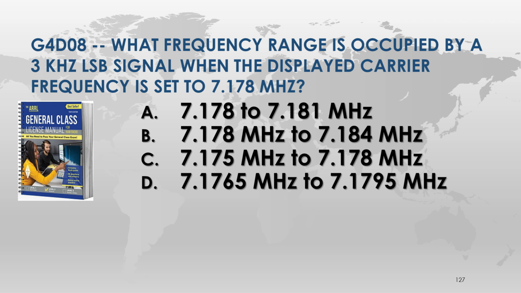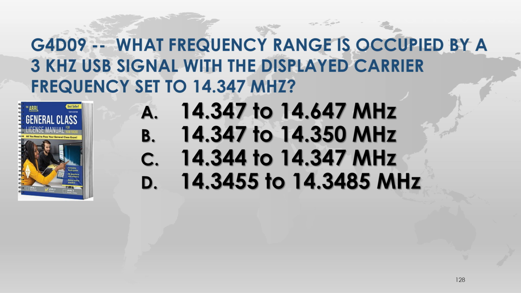That's the carrier at 7.178, and it is lower sideband, so 7.178 is the top. Drop it 3 kilohertz. So what do we got? Charlie. 7.175 is correct. Everybody understand that one?